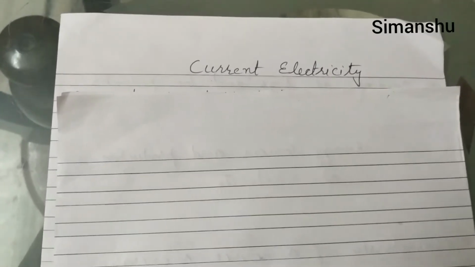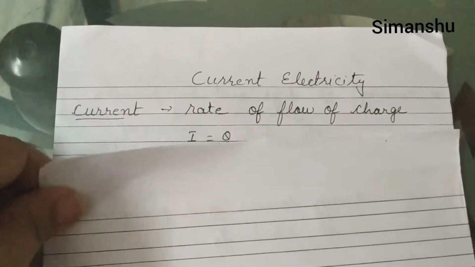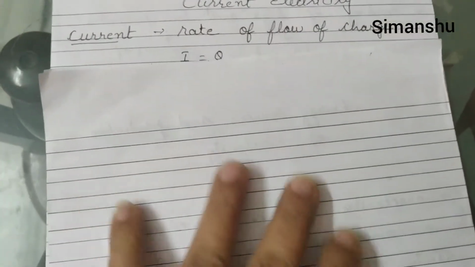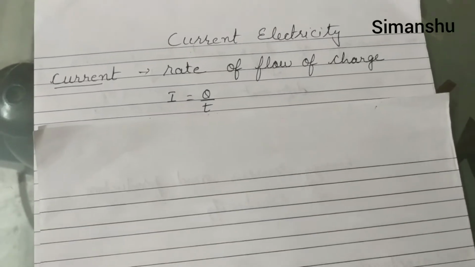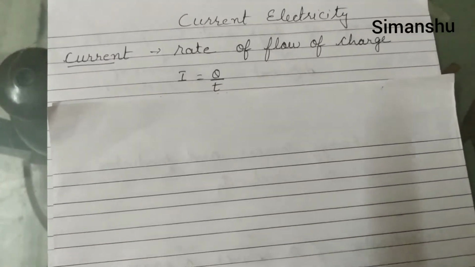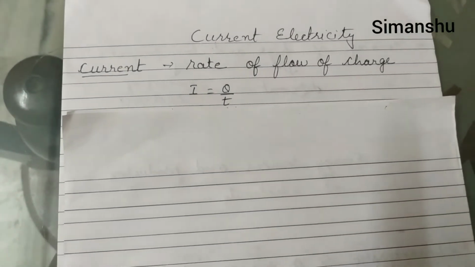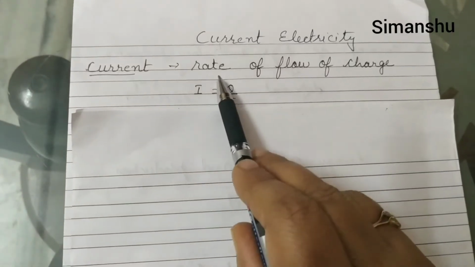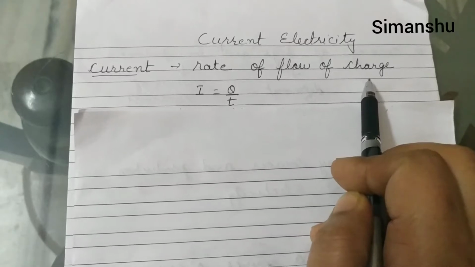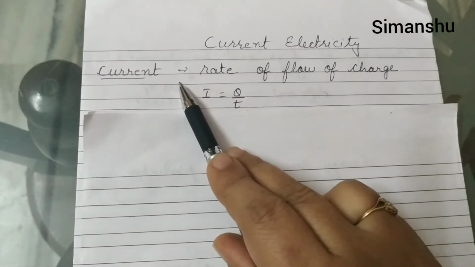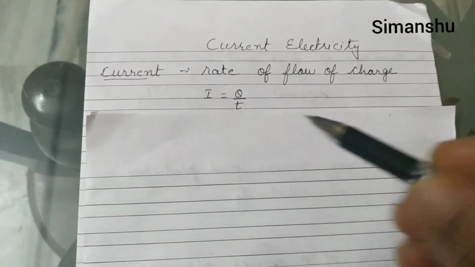First term is current itself. What is current? From the lower classes, you know the definition, that rate of flow of charge is known as current. What does it mean?